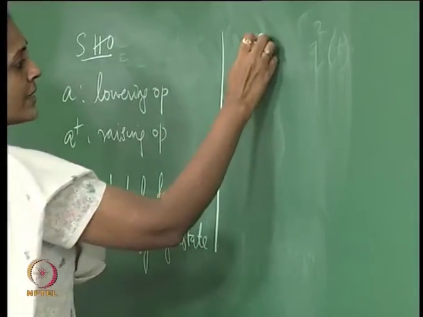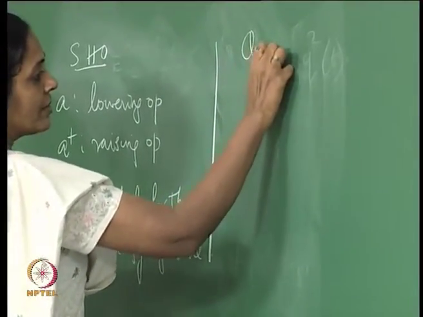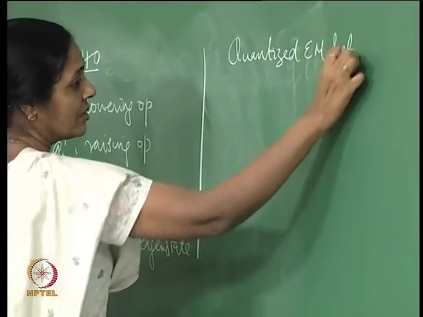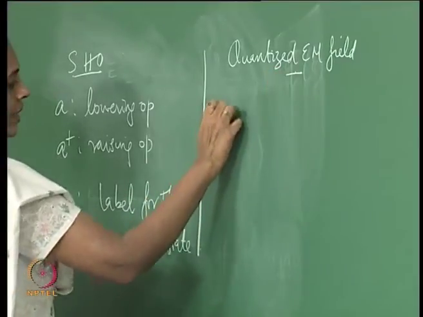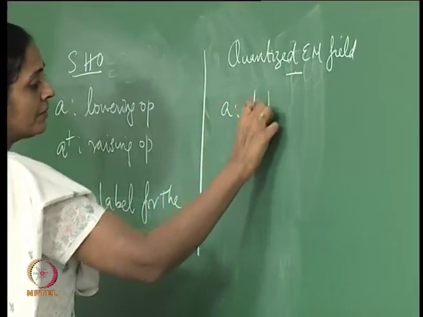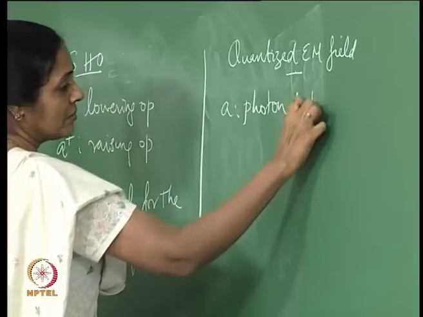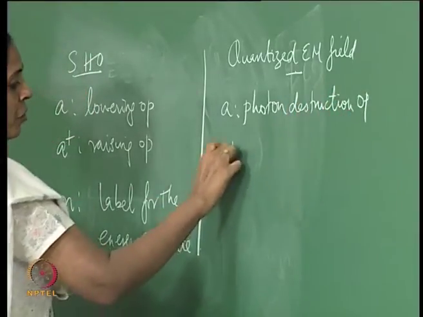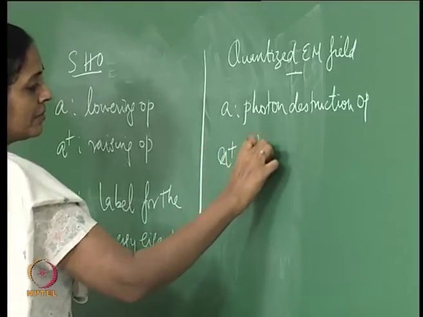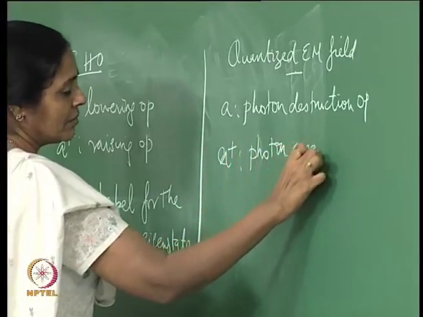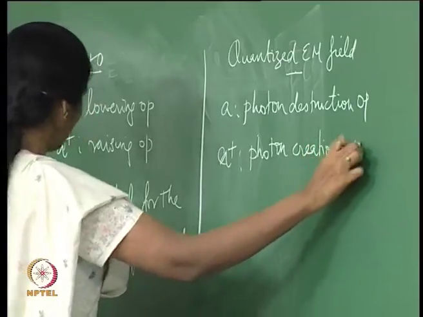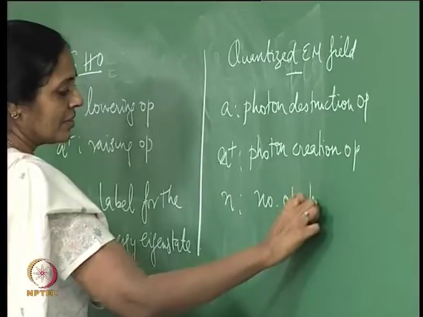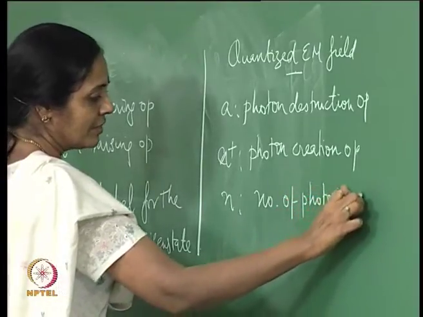Now, in the case of the quantized electromagnetic field, A is the photon destruction operator, A dagger is the photon creation operator, N is the number of photons in the given state.